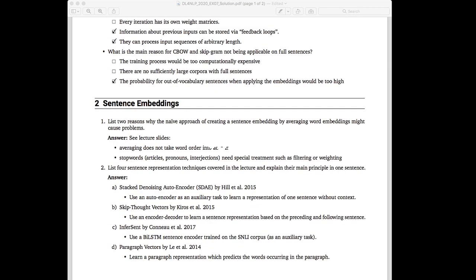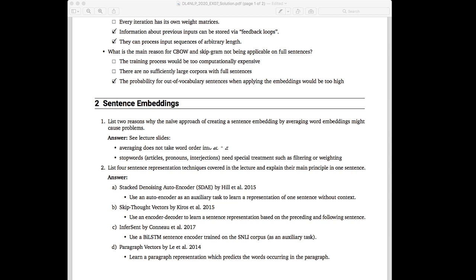Okay, move to the next part, sentence embeddings. List the two reasons why the naive approach of creating sentence embeddings by averaging word embeddings might not be a good idea. The first reason is that averaging does not take word order into account, right? This is very clear.